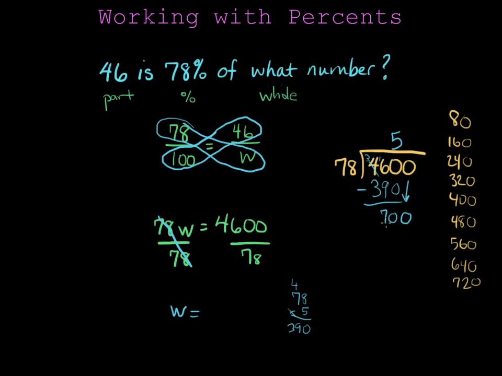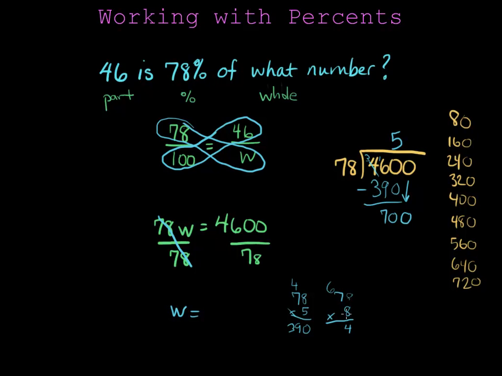78 goes into 700. Well, when I look through my estimate table, I see that 9 times might be a little high, and 8 times could be a little low. So I'm just going to go ahead and do 78 times 8. 8 times 8 is 64.